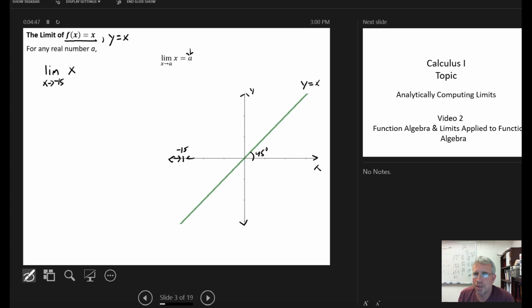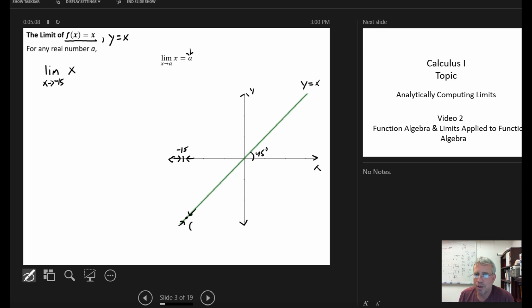Approach -15 from the right, take that one-sided limit. When we move towards -15 from the left, we're going to be moving up the graph towards a specific point. If we move from the right towards negative 15, we'll be moving down the graph towards a specific point.